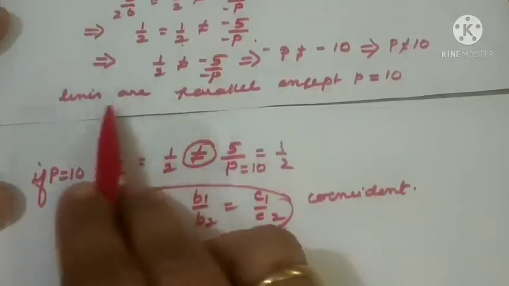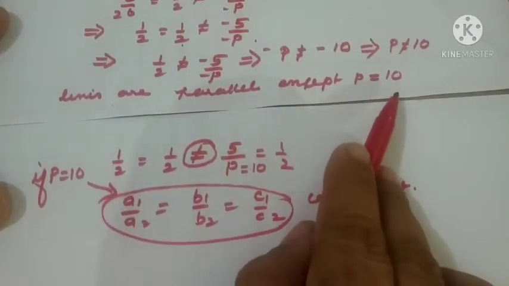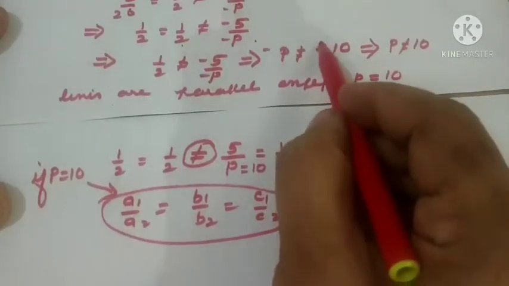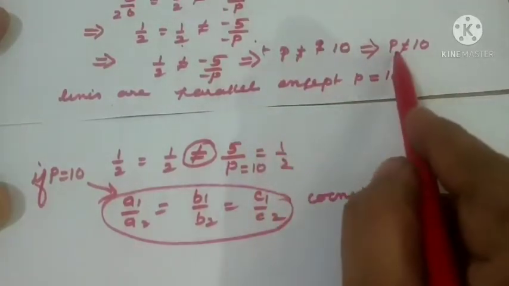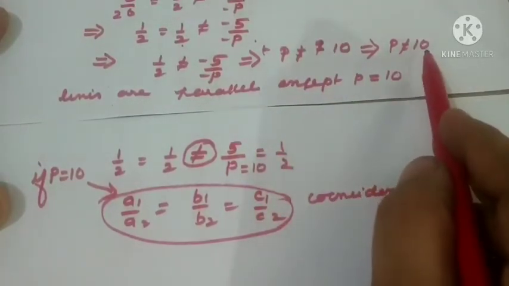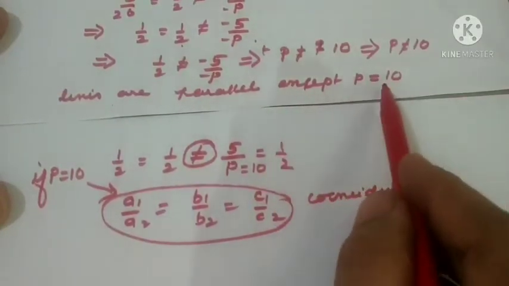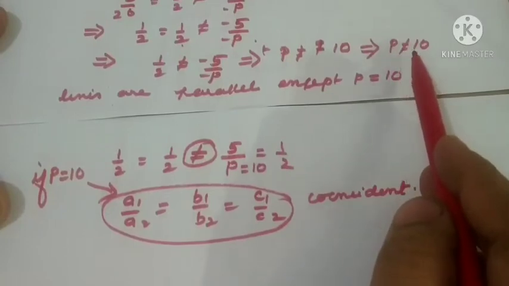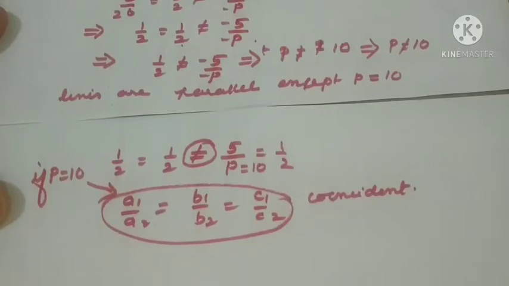That is why we write lines are parallel except p equal to 10, meaning p not equal to 10 only. So lines are parallel when p not equal to 10. Any other value you can take.